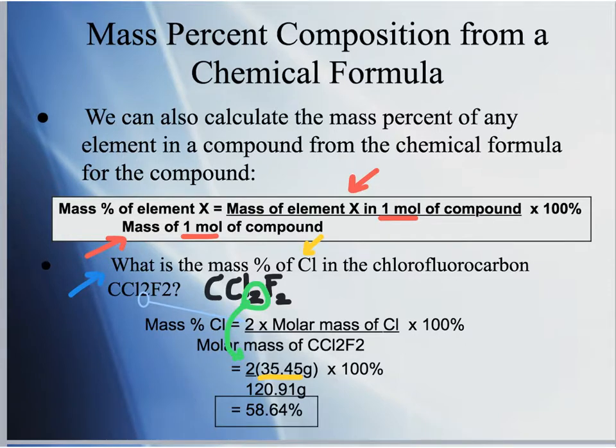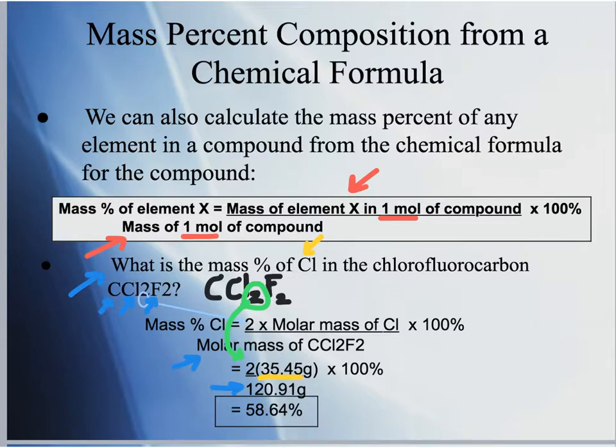And then we are going to be dividing it by the molar mass of the whole compound together, the whole chlorofluorocarbon. So we're going to add up 1 C, 2 Cl's, and 2 F's all together from the periodic table. And when we do that, we get this total mass of 120.91 grams.